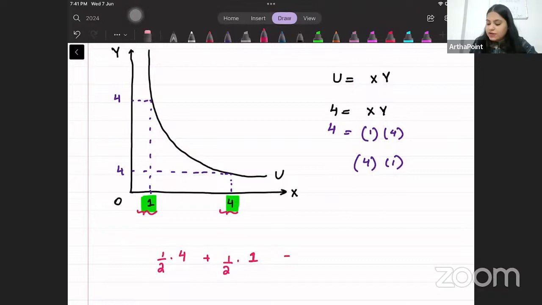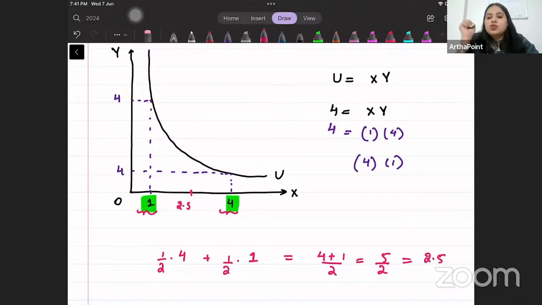So I get 4 plus 1 by 2, which is 5 by 2, 2.5. So my bundle here will be the average of these two, which is 2.5.